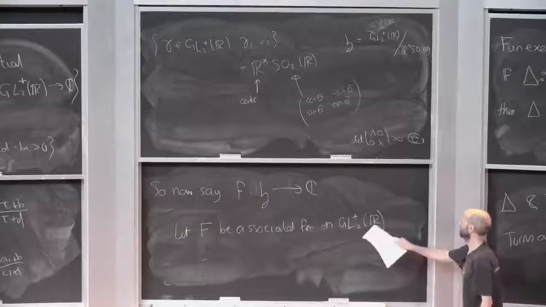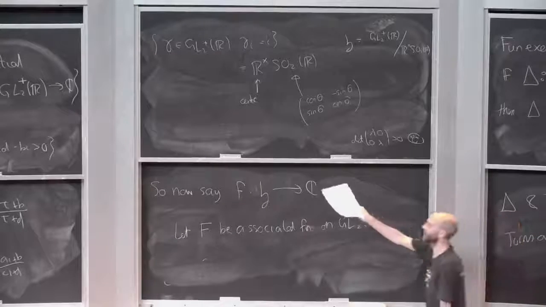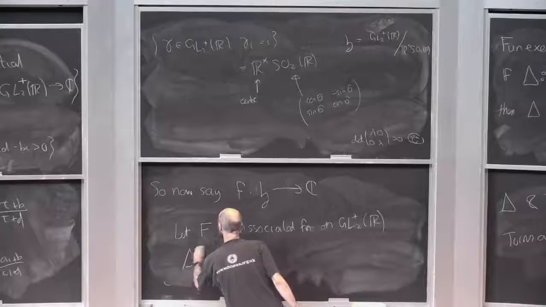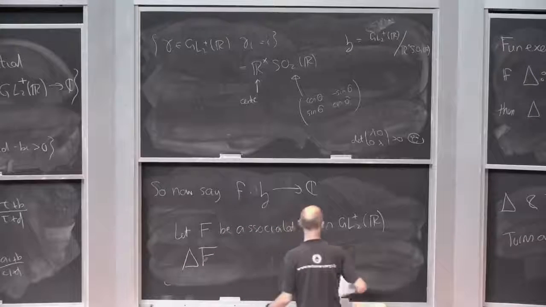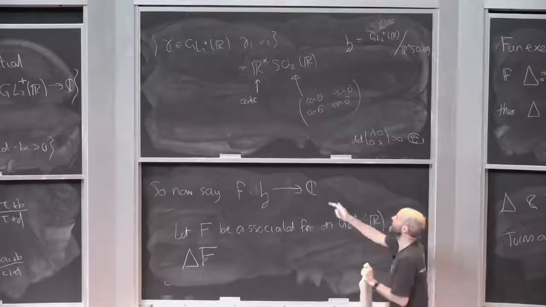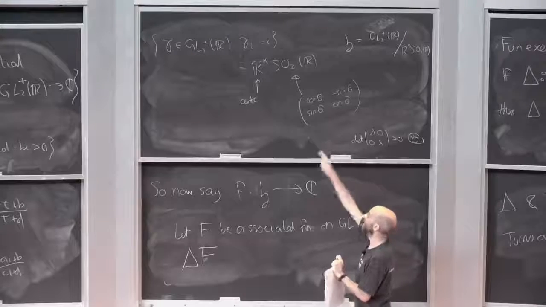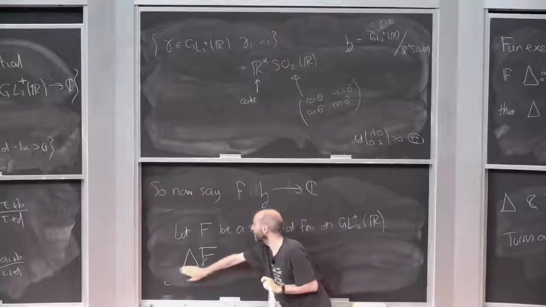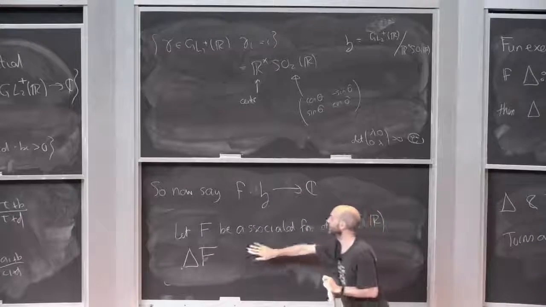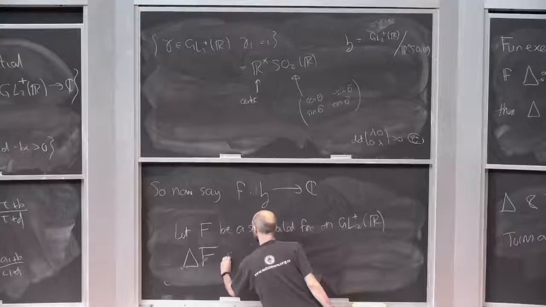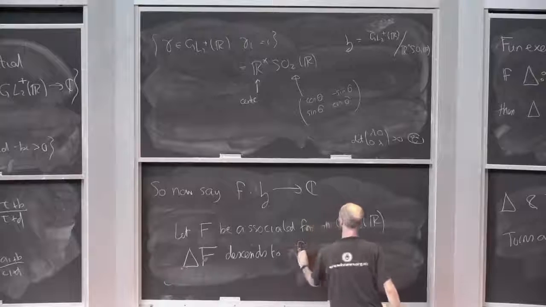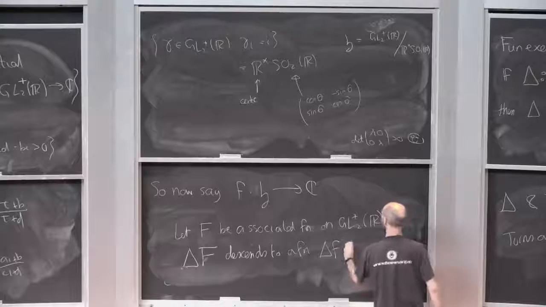So now we've got a function on GL2+(R), and we can apply our fancy differential operator. So delta f is now also a function on GL2+(R). But because f was invariant under that subgroup, and this commutes with everything, this is also invariant under that subgroup. So this descends to a function, whatever, we could just call it triangle f, on the upper half plane.